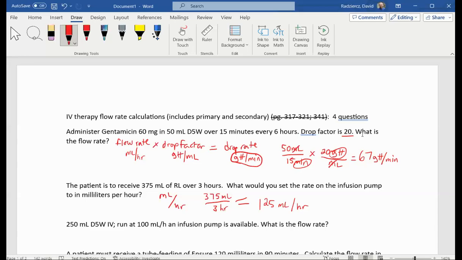But again, I'm not the one that writes your test, at least not at your campus, and I haven't written one for Allegheny campus in 6-7 years, so it's been a while. So I would try to give some more clarification. But looking at this with fresh eyes, if it gives me the drop factor, most likely that means there's tubing involved, and they want to know what the drop rate is.